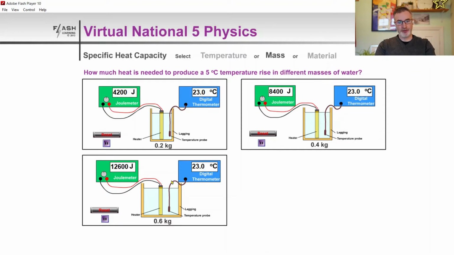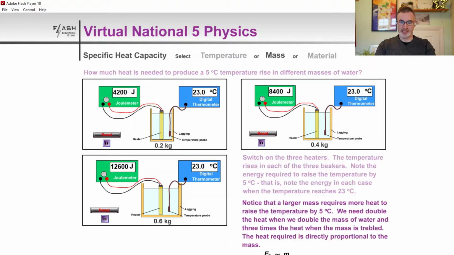And as you triple the amount of water for the same temperature rise, you'll triple the amount of energy. And so by looking at this, we're going to say that heat energy is directly proportional to the mass of water that you're going to use again.